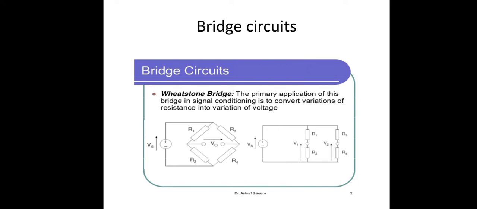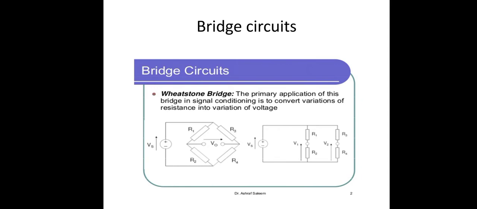Measurement applications are where the bridge contains a resistive transducer such as a strain gauge, resistance thermometer or thermistor. Now the principles of the bridge circuit are the null method and the deflection method. We can use bridge circuits in these two different ways.